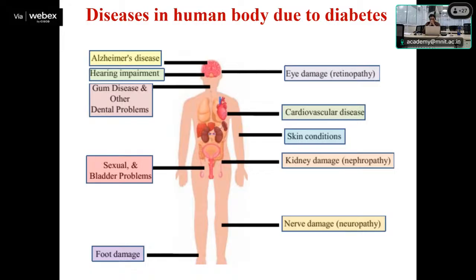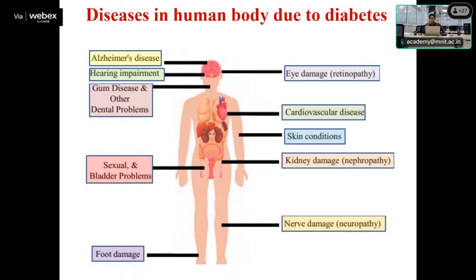Now, there is a myth where people say that if I consume a sweet, then my blood glucose value is high. No, it is wrong. If you are diabetic, then you should avoid sweet items. But it is not necessary that for a non-diabetic person, consuming a sweet item will lead to diabetes.